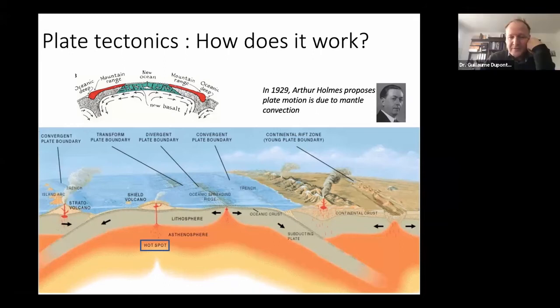And this is what we get in the subduction, the subducting plate. And this can cause orogeny. So this can create, in the continental crust, the formation of mountains.